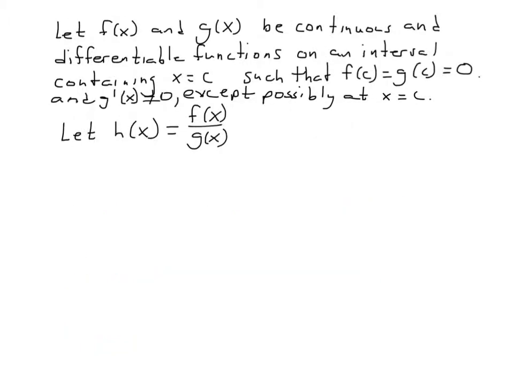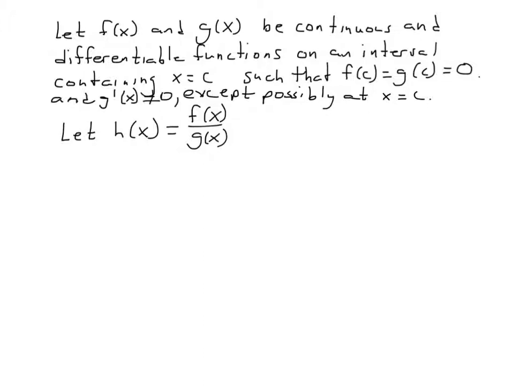So in this case, we're going to let f of x and g of x be 2 continuous and differentiable functions on an interval that contains c, such that f of c and g of c both equal 0. So this is going to be an important part here. And that g prime of x does not equal 0 except possibly at x equals c. We want to have that in there just to make sure that we have something that is defined here.